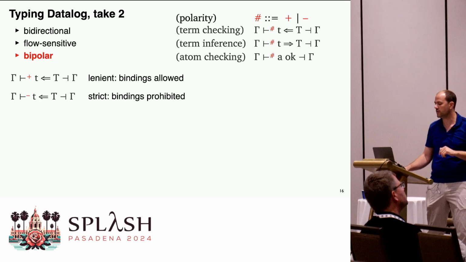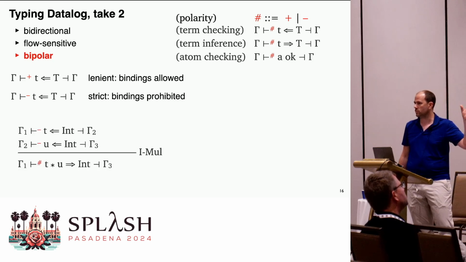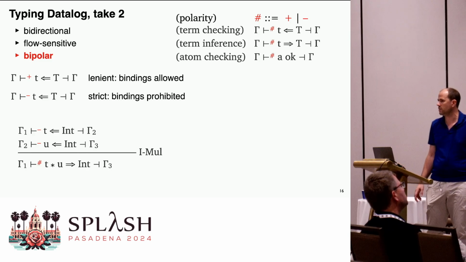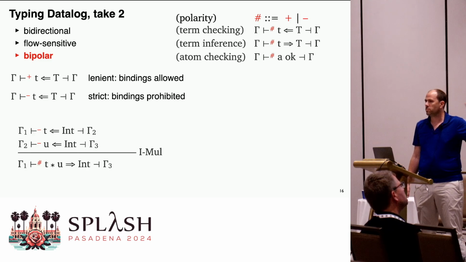Here's an example. Let's do the multiplication rule. That was the problematic case in the square root rule. The multiplication rule now can be explicit about whether it allows bindings to occur in the operands or not. What we do here is we say, OK, we can check T and U. We know the type that we expect. And the polarity is negative, which means no bindings allowed.